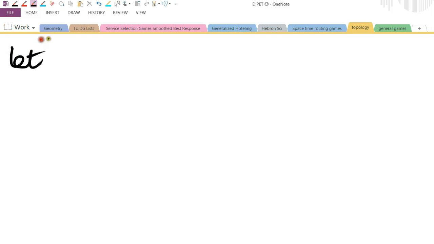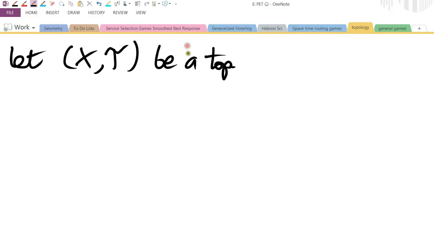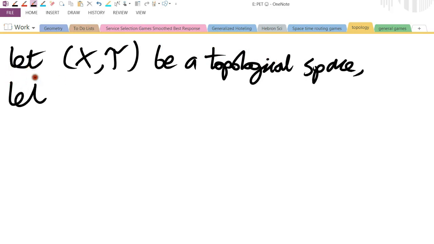So as usual, suppose we've got a topological space, and let A be a subset of that space.